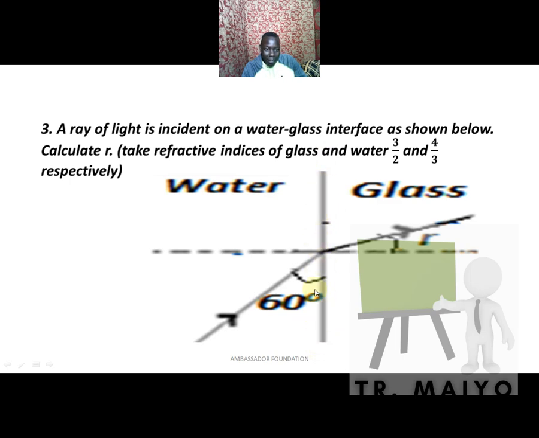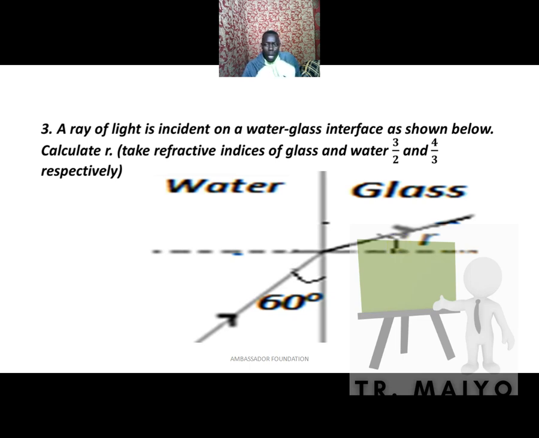That line is not the normal. The normal is the dotted line, the one which is horizontal here. So 60 is not the angle of incidence. It is just a 60. So calculate this particular angle here. You get 30. Then r is the angle of refraction.